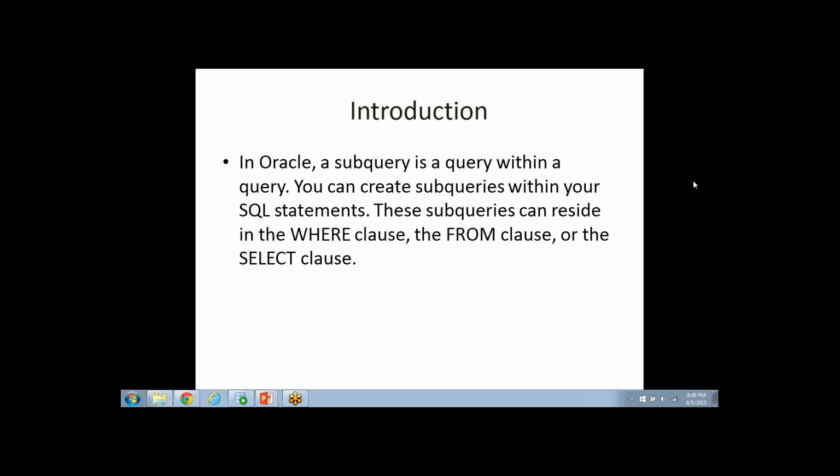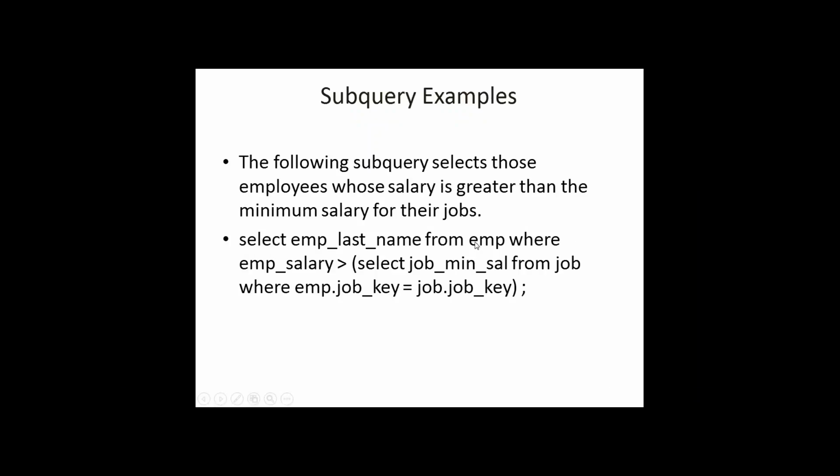You can create a subset from one query and use that result to write a condition, then you go for a subquery. Most of the time you will be writing subqueries. This is one approach. You can achieve this using the minimum function as well, but you can write a subquery as well.